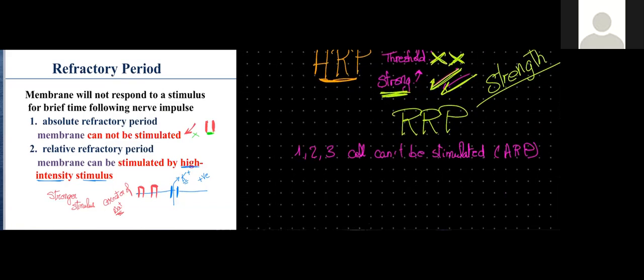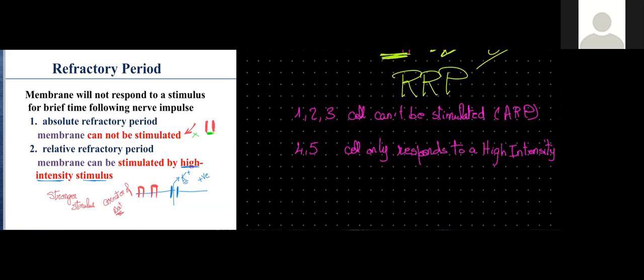And for 4 and 5, the cell only responds to a high intensity stimulus, and for 6, the cell gets stimulated by a threshold stimulus, as usual. All right, this answers your question, Era.